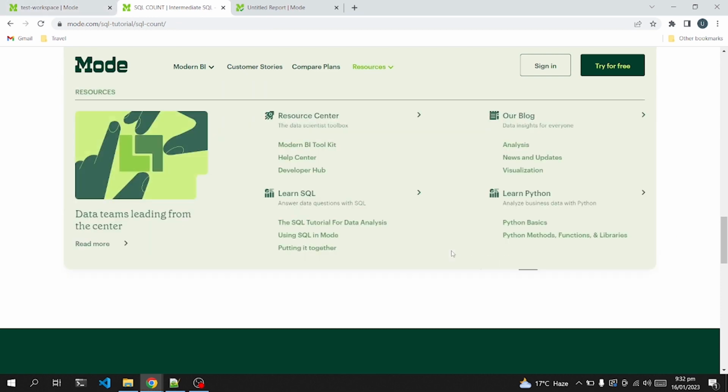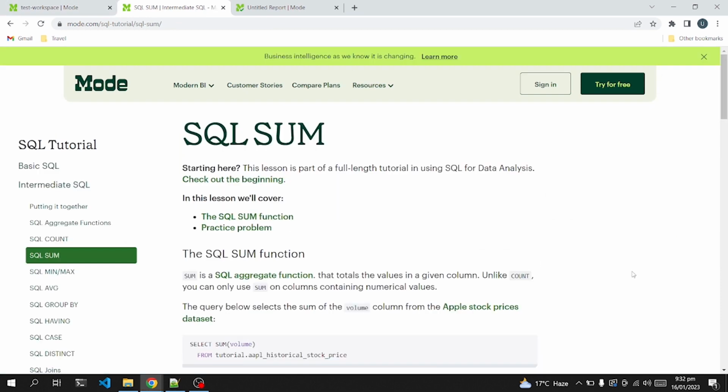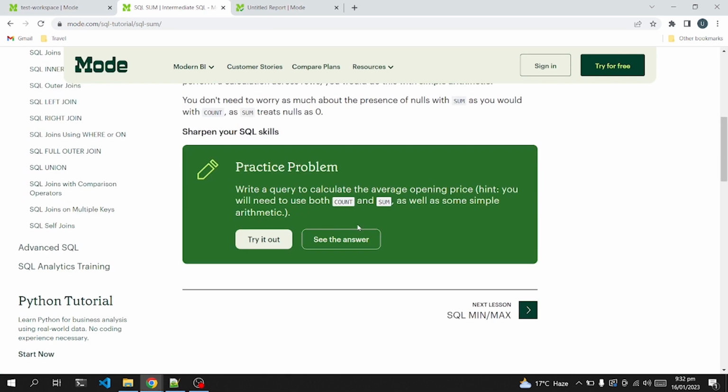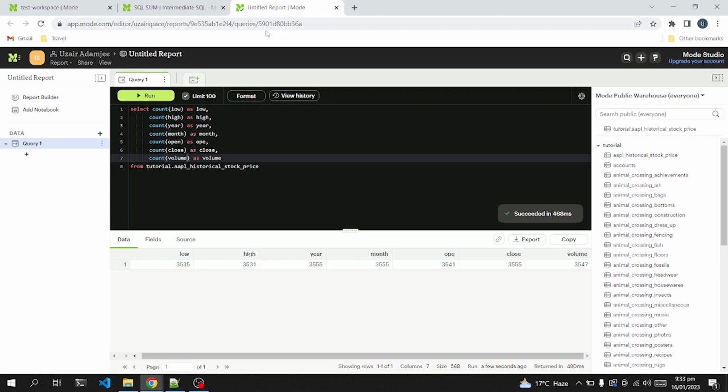Moving on, let's jump on to the SQL sum function. In this problem, we have to write a query that calculates the average opening price, which means we have a column called open. Whenever we say average, we need to sum the values of that column and then divide it by the count of all those values which are non-null in that column. Let's try it out.